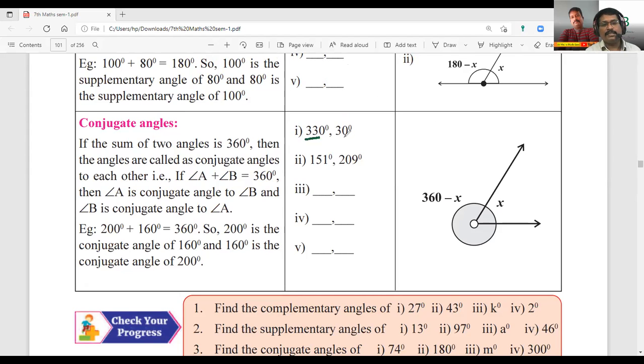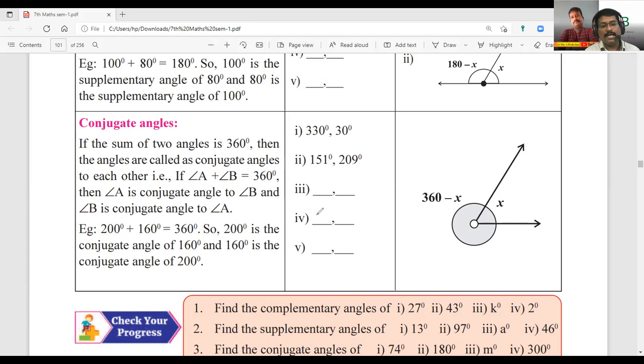If one angle is 330, automatically the other angle is 30 degrees. If one angle is 151, then another angle is 209. Why? Because the two angles must sum to 360 degrees. See this. If one angle is x, then automatically its conjugate angle is 360 minus x. Like this, when I take 170 degrees, then automatically 190 is there. Am I right?